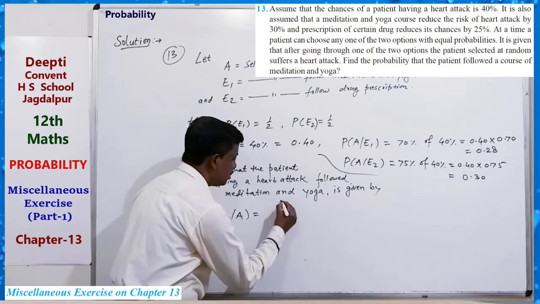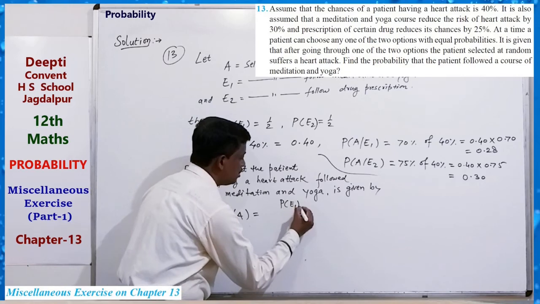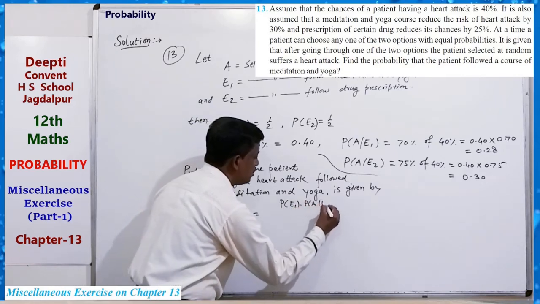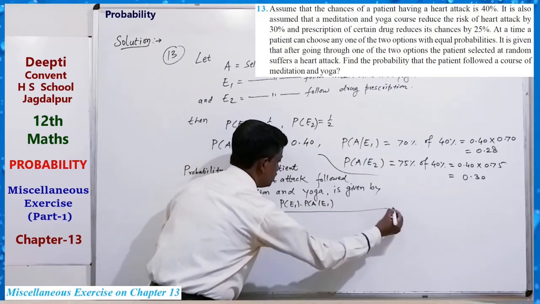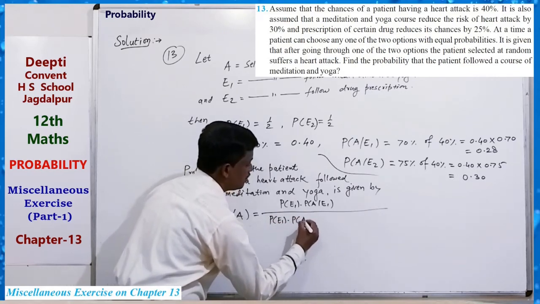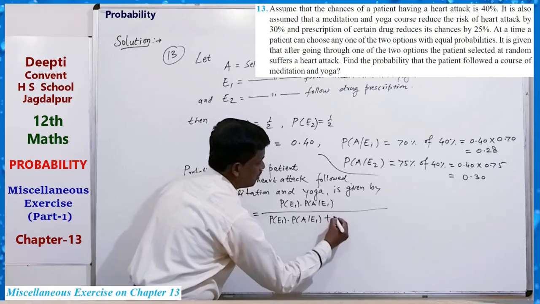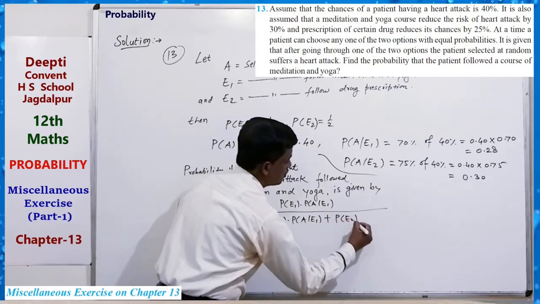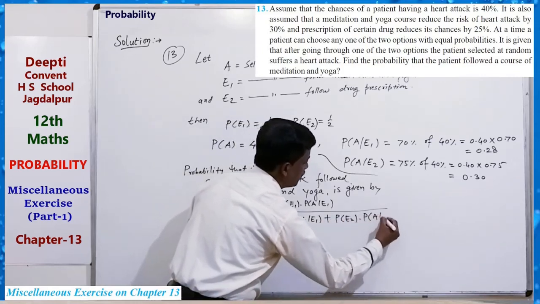So here two conditions are there. P(E1) into P(A|E1) upon P(E1) into P(A|E1) plus P(E2) into P(A|E2).